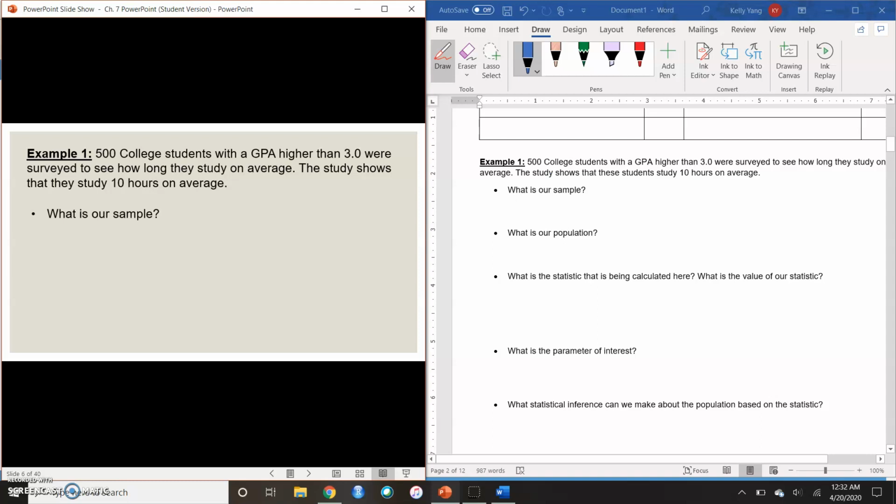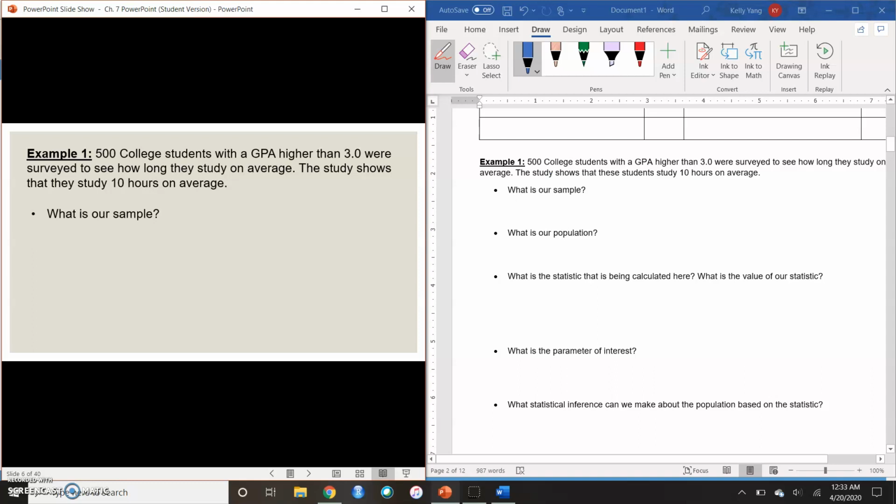So we're connecting some of the terms that we went through in this example. The first thing I want us to look at is identifying the sample. When we're given a problem like this, can we identify the sample that we're working with? The way that I like to identify the sample is by looking at the group of people or objects that are being studied. In this case, the people being surveyed are the 500 college students with a GPA higher than 3.0.